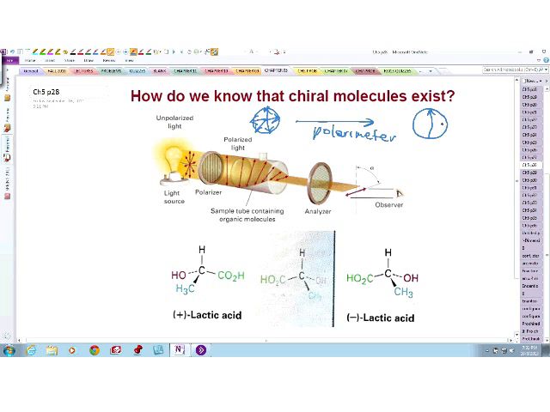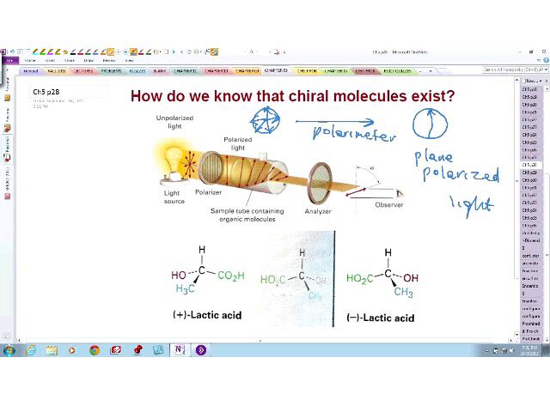Goes in one direction. Don't mind my line there. So now we say this is plane polarized light. And that's what we've done here.